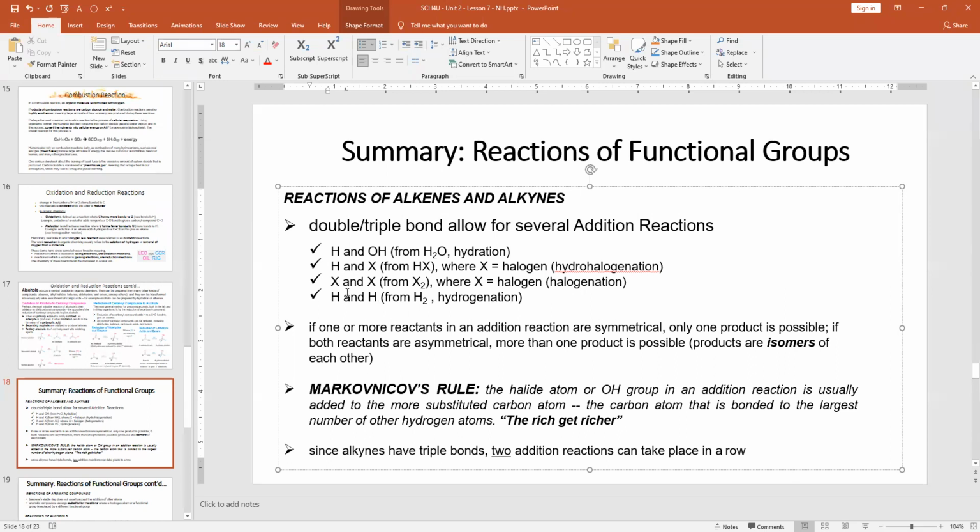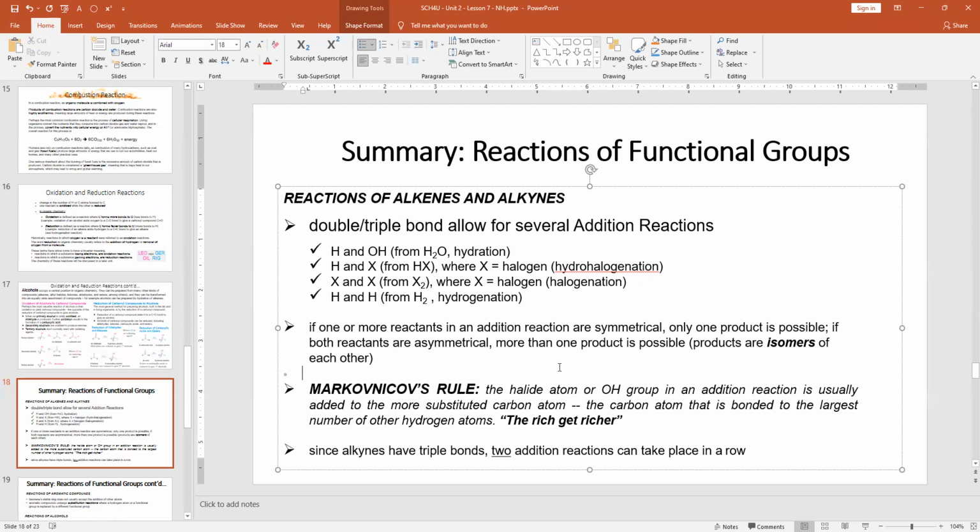Or you could have a hydrogen molecule, H2, added to double bonds or triple bonds of alkenes and alkynes, and that would be a hydrogenation reaction. So this is a summary of the four types of addition reaction that we discussed.